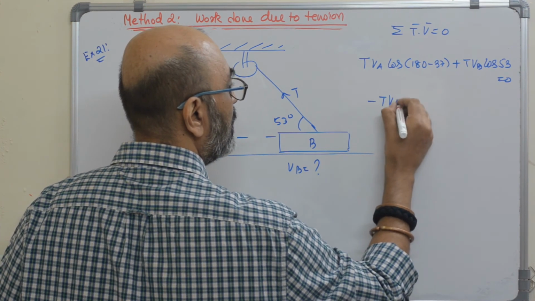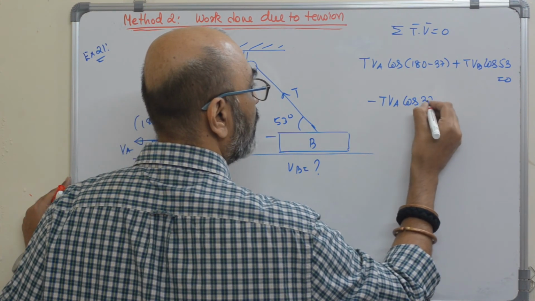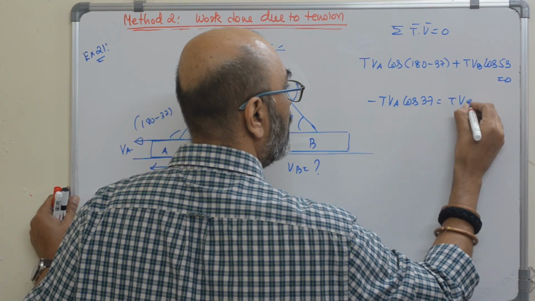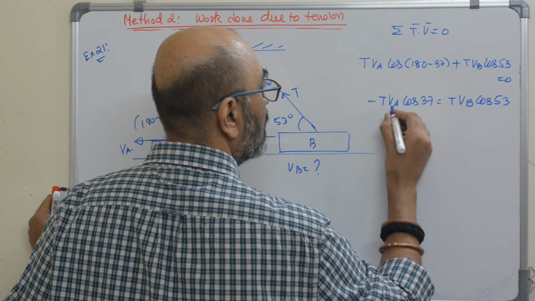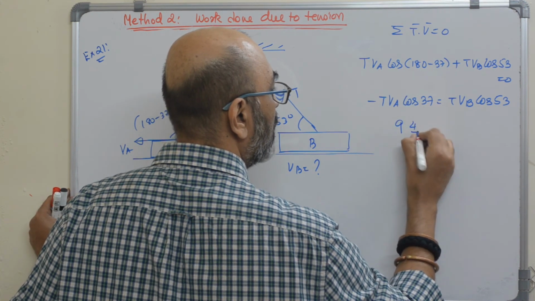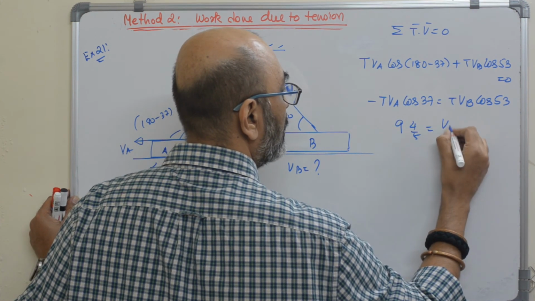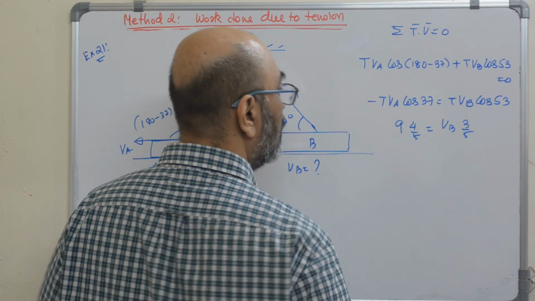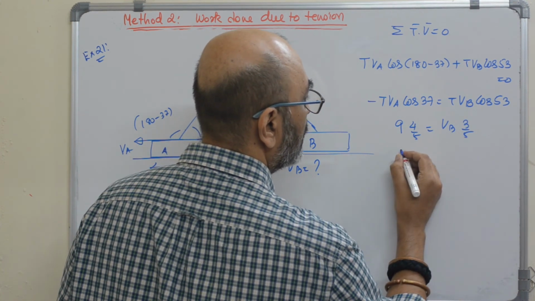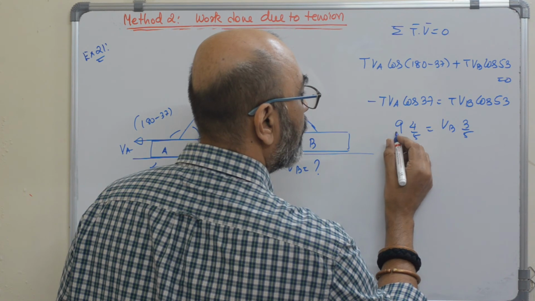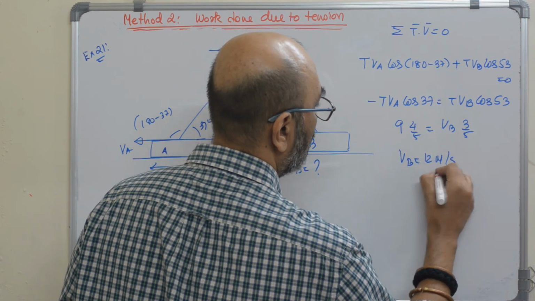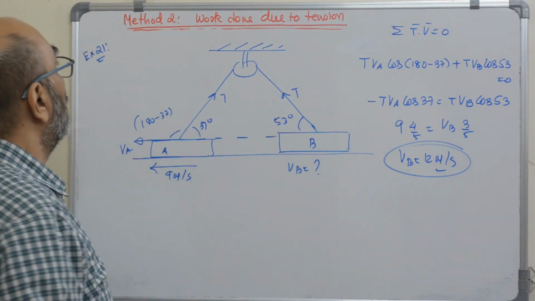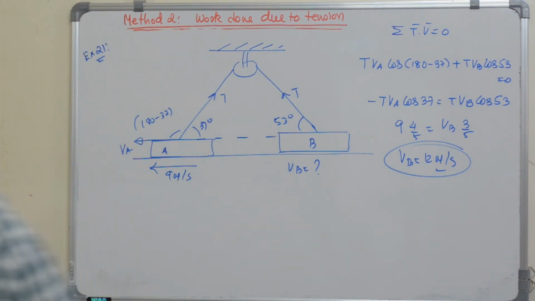So minus T VA cos 37 is T VB cos 53. T and T cancel, VA is 9, this is 4 by 5, that is VB 3 by 5. So VB is 12 meter per second. So that is question number 21.